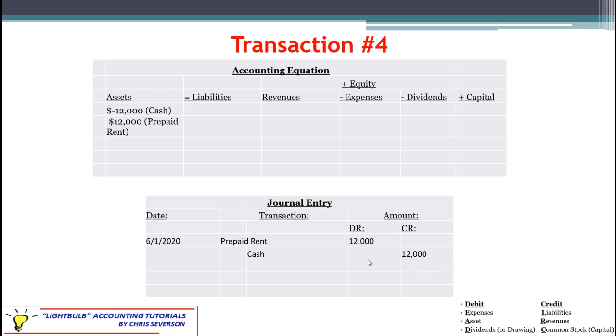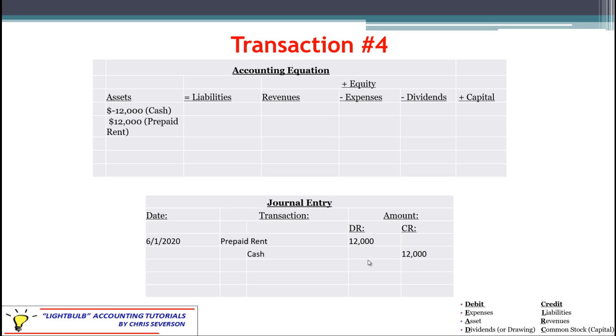Again, you can visualize it the same way. Think of the landlord giving you a booklet of coupons, whatever works for you. But the entry is going to be basically the same. We're debiting the prepaid asset, the prepaid rent in this case, to increase it. And we're crediting the cash because we're decreasing that.